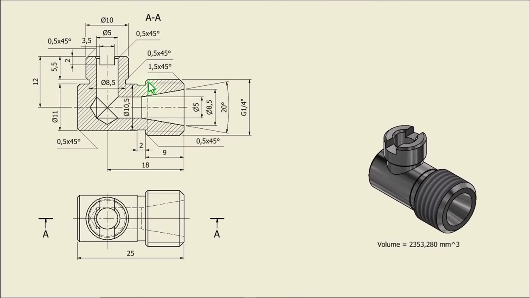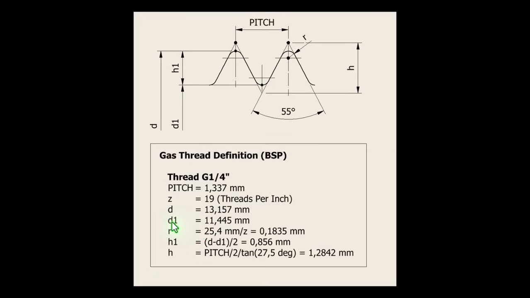We start by creating this revolving volume with dimensions 25, diameter of 11, diameter of 10.5 on 2 millimeters, 9 and 18. This diameter will be the internal diameter of the thread, which means this dimension D1, this one, of 11.445 millimeters.